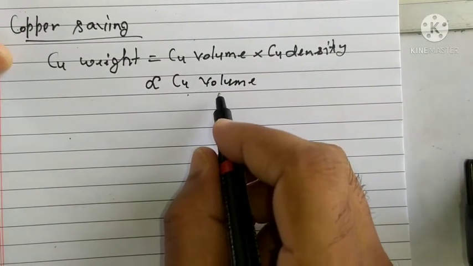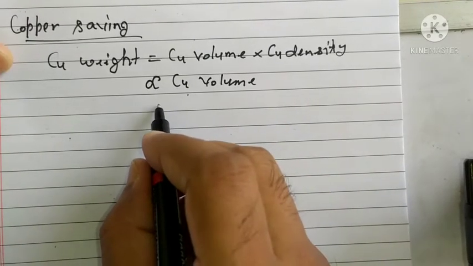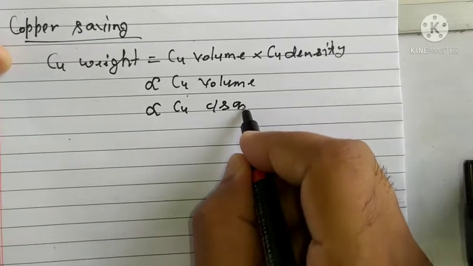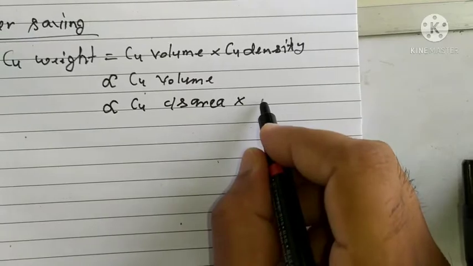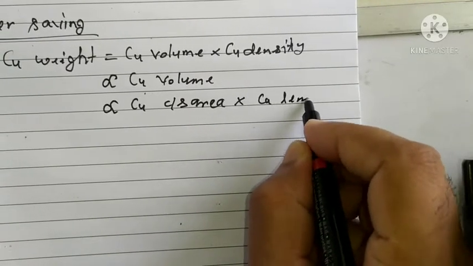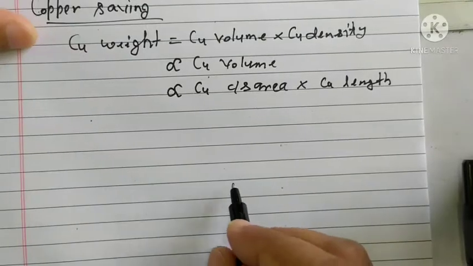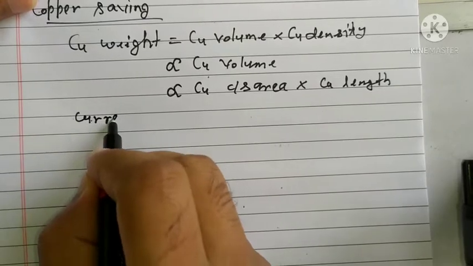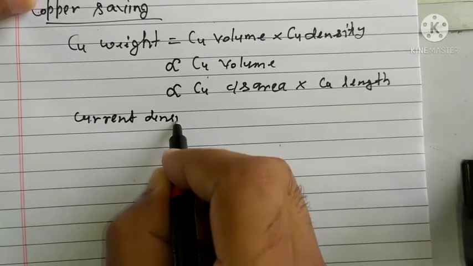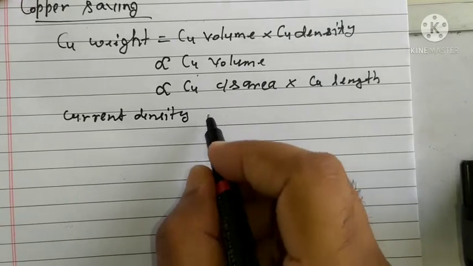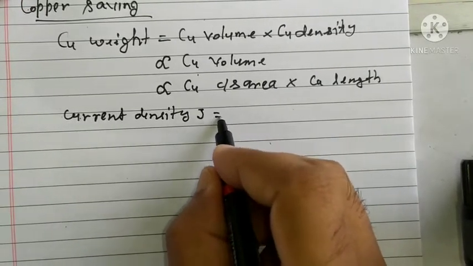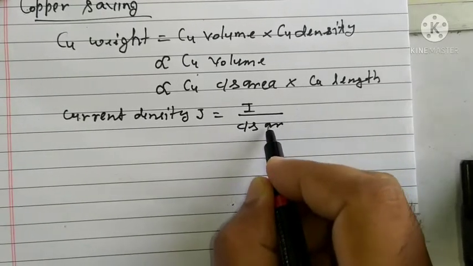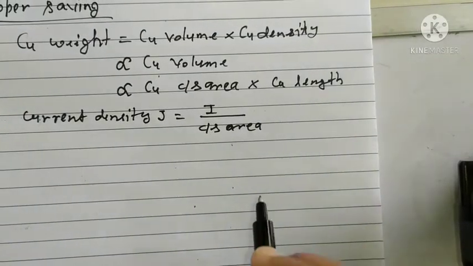It is just like cross sectional area into length, so I will write it as proportional to copper cross sectional area into copper length. Now cross sectional area, so we know current density, which must be constant, is given by current divided by cross sectional area through which current is flowing, that is copper only, and it is what?